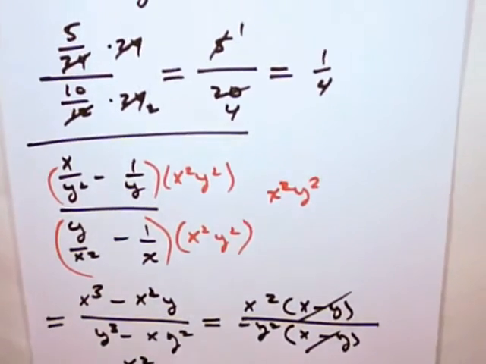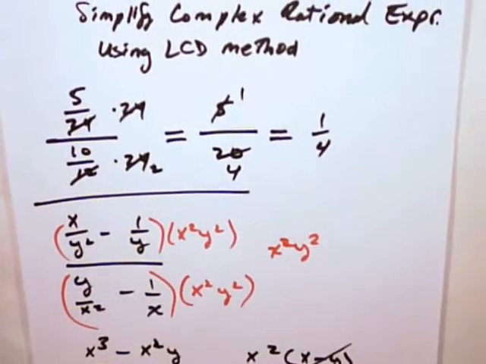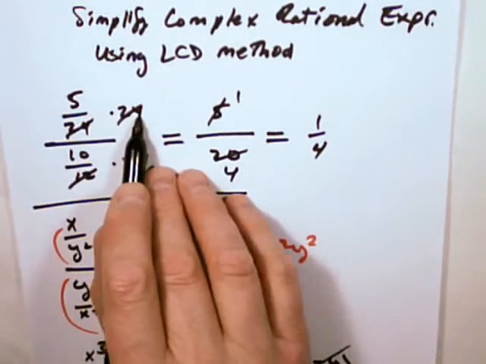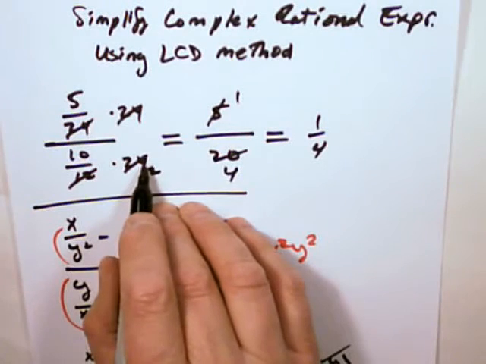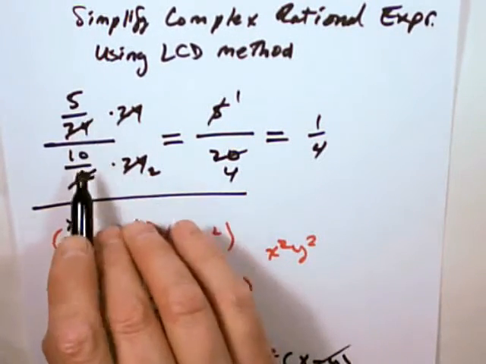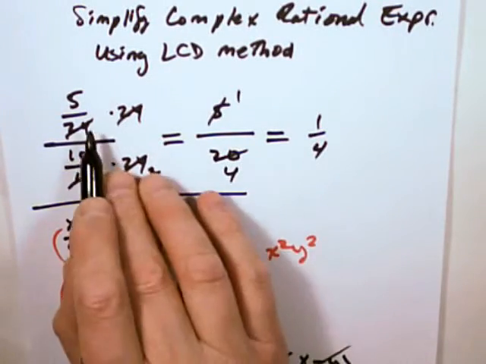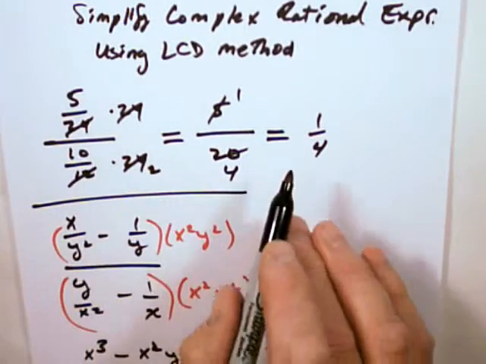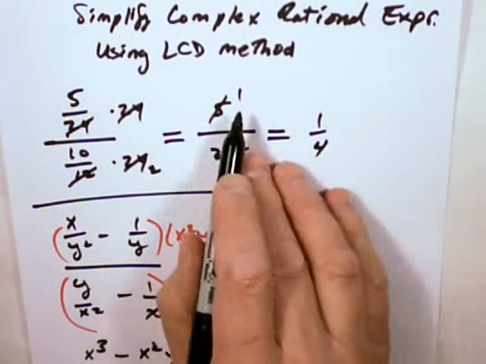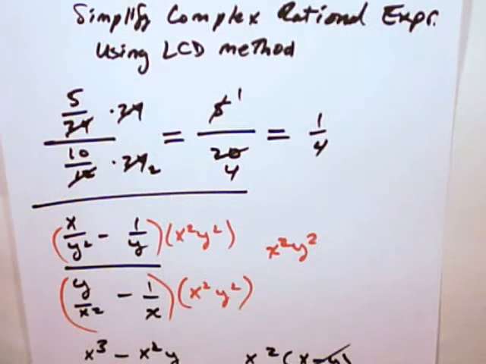Okay, so this method here mimicked, again, what we used to do in regular fractions, where we would multiply both the numerator and denominator of that complex fraction by the least common denominator of the numerator and denominator. That had the effect of clearing the fractions in the numerator and denominator. And then the resulting fraction, which was a simpler fraction, we could then simplify and express in final terms.